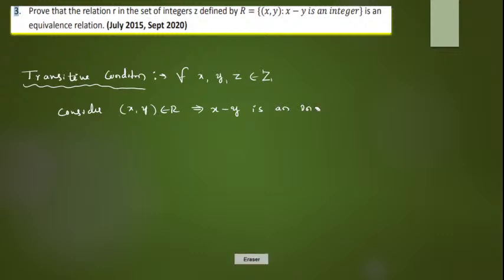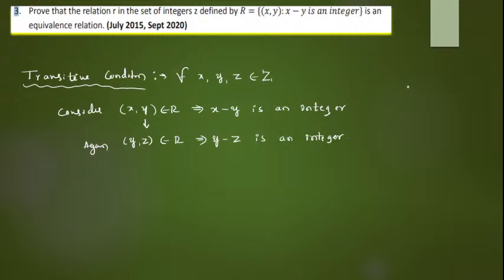Okay, whatever conditions the relation has, you only have to check those here. So x minus y is an integer. One more ordered pair starting with y, we will check y comma z belongs to R. Again consider y comma z also belongs to R. According to the condition, this will be what? y minus z is also an integer.